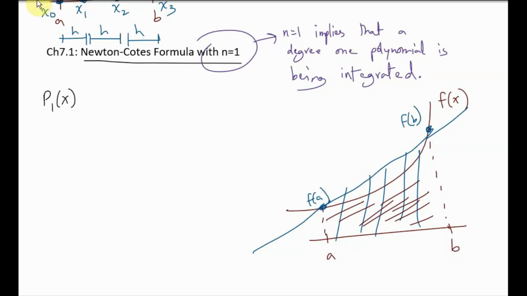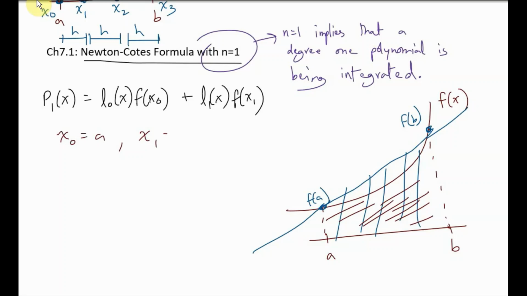So this is my p1 of x. I want to find p1 of x, and p1 of x is basically L naught of x times f of x naught plus L1 of x times f of x1. So what's the value of x naught and x1? x naught equals a and x1 equals b.